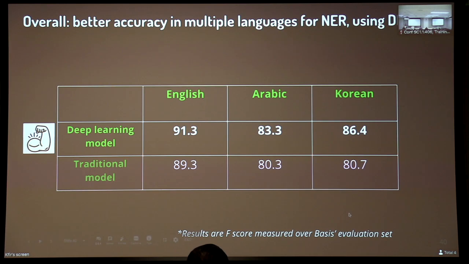You can see that without knowing anything about these languages, no linguistics and nothing, the results are better across the board. Now it doesn't come for free, because those models are much slower in prediction, and that's a big hit. So we need to handle that, and we're doing that, but that's a different topic, maybe for another session.